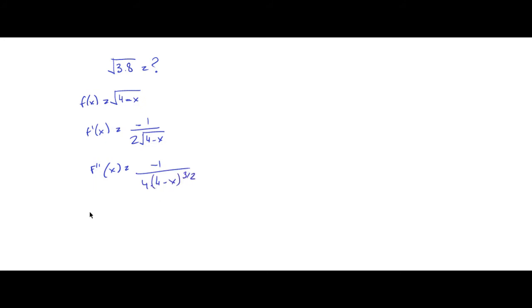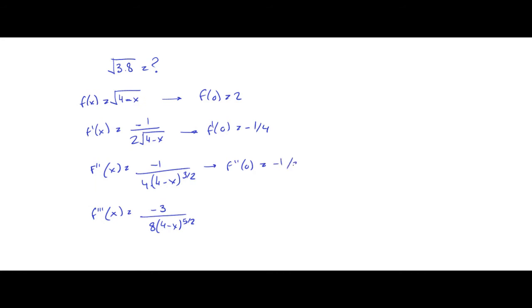The third derivative is going to be minus 3 over 8 times (4 minus x) to the 5 over 2, right? And then we can evaluate this. f at 0 is 2, f prime at 0 is going to be minus 1/4, f second at 0 is going to be minus 1 divided by 32.